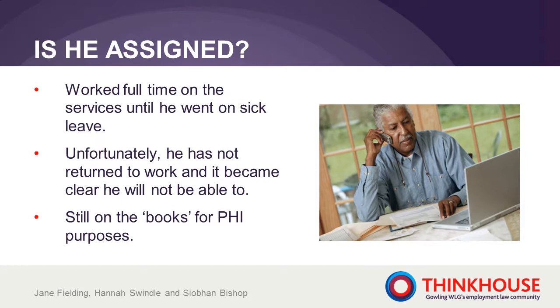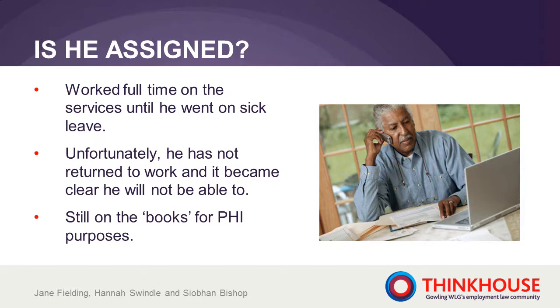Okay, so for one last time we're asking you to choose whether or not you believe this individual was assigned or was not assigned, based on the scenario that Jane has outlined. We'll just give you a few seconds because we don't want to delay too long the questions which are coming up straight after this poll.